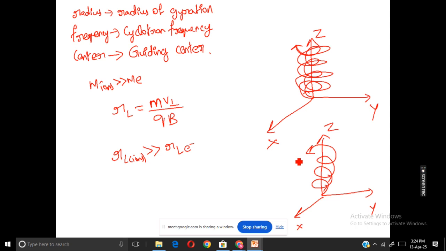So in case of an electron and ion, there will be a change in the direction of gyration: towards the left for ions and towards the right for electrons. Also the radius of gyration will be different, since it depends on the mass, and the mass of ions is much greater than the mass of electrons.